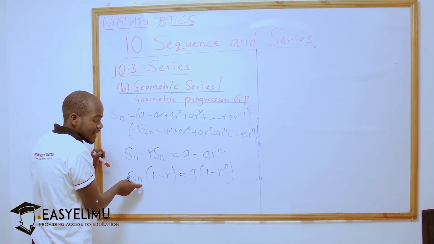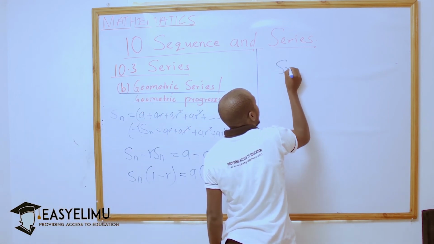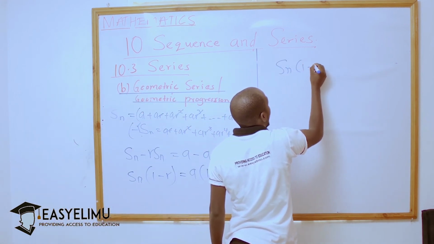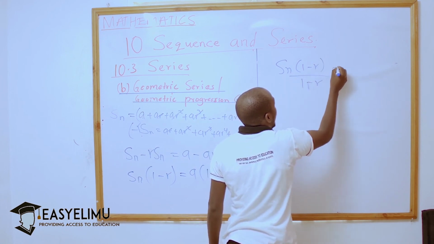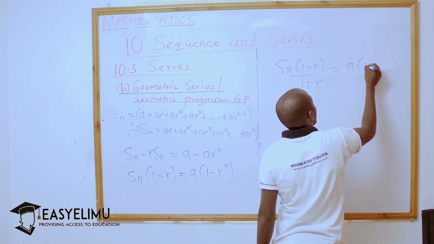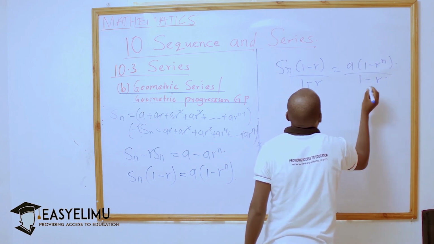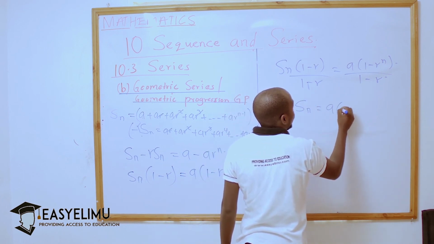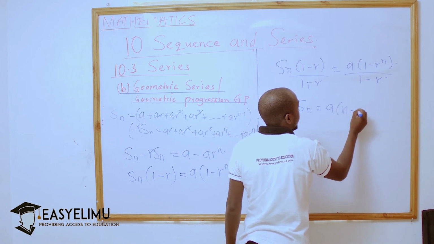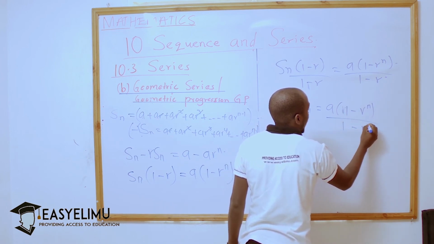So if we want Sn alone, we shall divide both sides by 1 minus R, and you will find it is equivalent to A into 1 minus Rn, divided by 1 minus R. So we are going to have Sn equal to A into 1 minus Rn over 1 minus R.